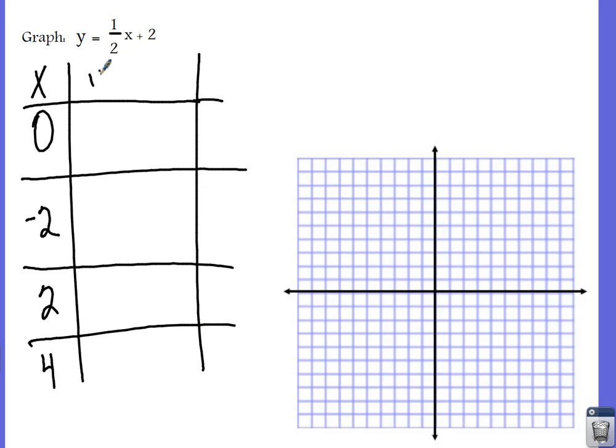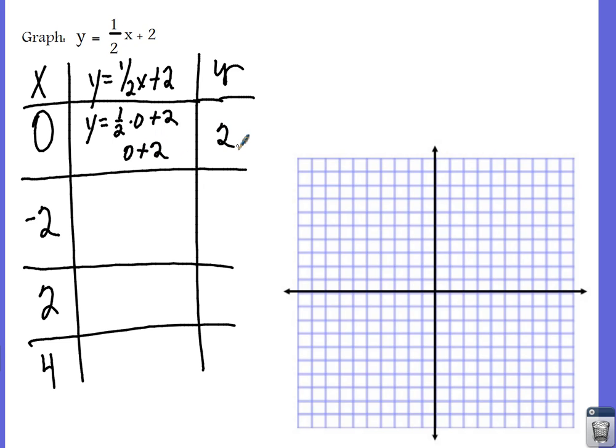Okay, so in the middle here, y equals 1/2 x plus 2, and this will result in our y value. So again, plug it in. y equals 1/2 times 0 plus 2. Remember, 1/2 times 0 is 0 plus 2 gives us 2. For -2, I get y equals 1/2 times -2 plus 2.